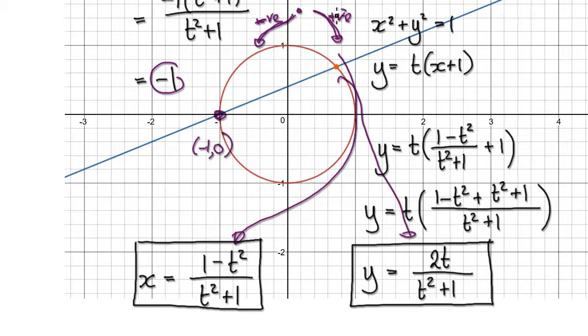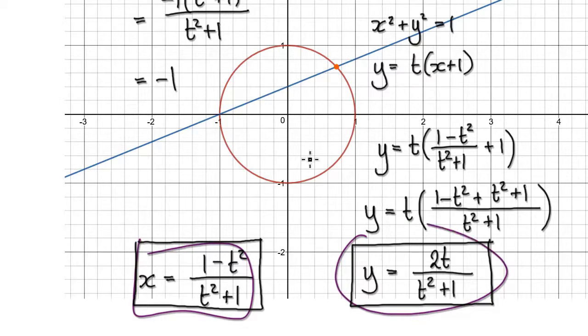It will exclude this particular point, so it will describe everywhere else apart from this one point. These are your parametric equations for this circle. But this is a weird circle because it doesn't include this particular point.